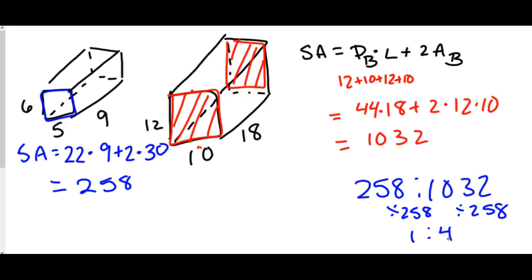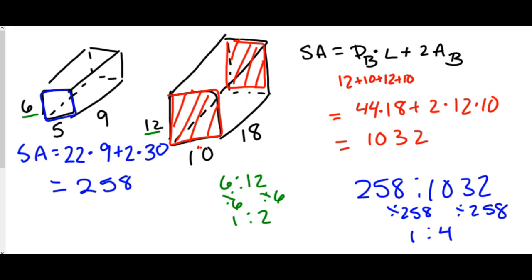So we want to compare this to the volume ratio and to the regular similarity ratio, or the side ratios. So if we were to do the side ratios, just take these amounts, 6 to 12, and reduce. Both these divide by 6, we get 1 to 2.